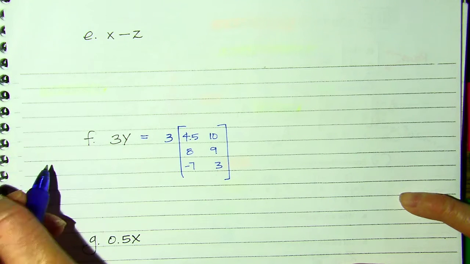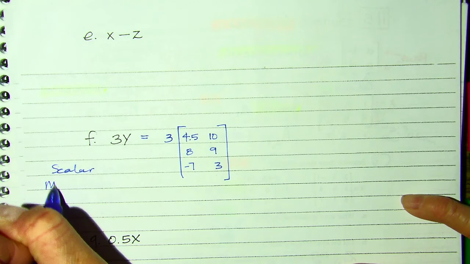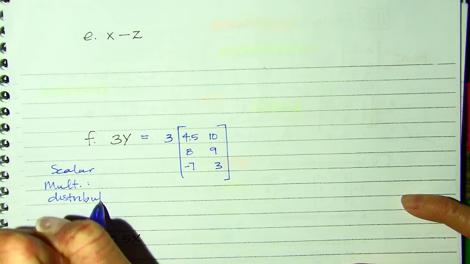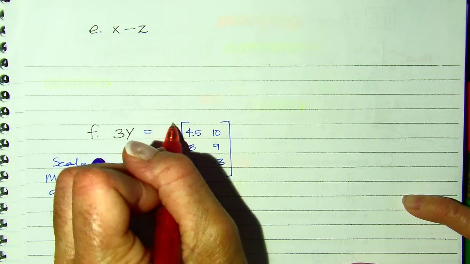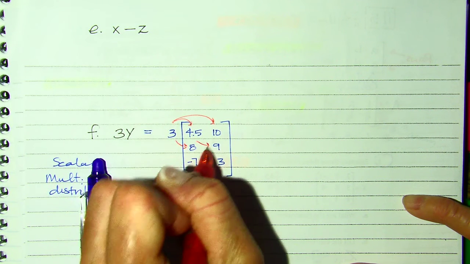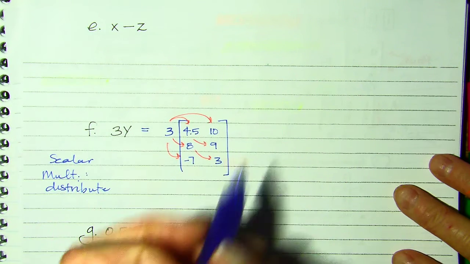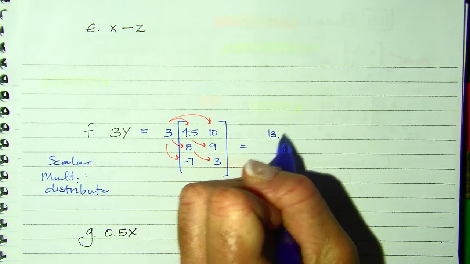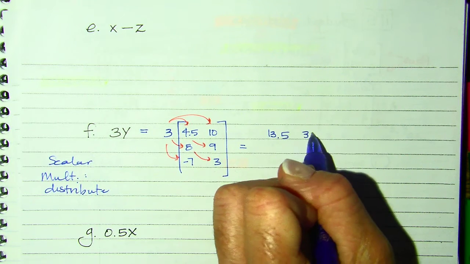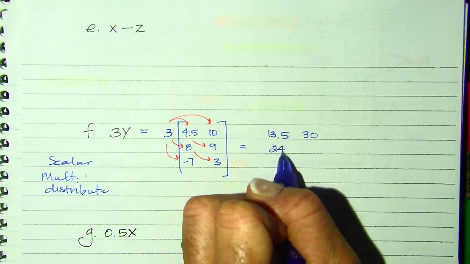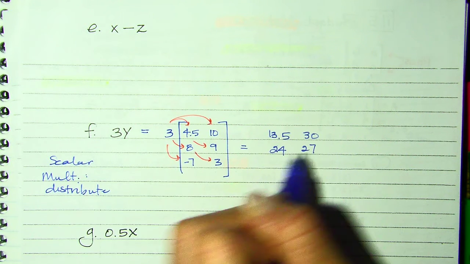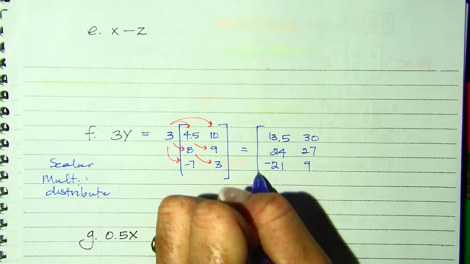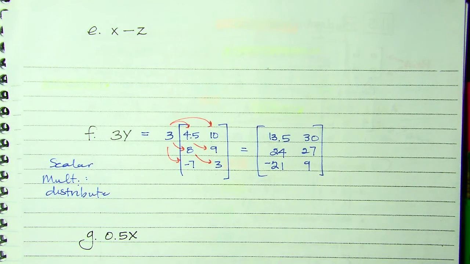And this is called scalar multiplication, and we simply distribute, which means I'm just going to multiply everything by 3. So 3 times 4.5 gives me 13.5. 3 times 10, 30. 3 times 8, 24. 3 times 9, 27. 3 times negative 7, and 3 times 3. And so this is our new matrix. Really simple, okay?